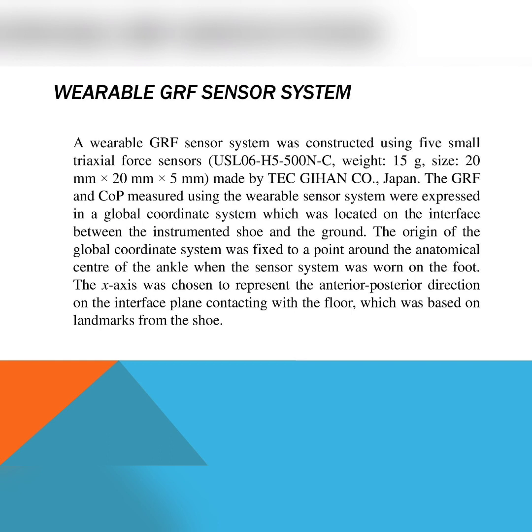The origin of the global coordinate system was fixed to a point around the anatomical center of the ankle when the sensor system was worn on the foot. The x-axis was shown to represent the anterior-posterior direction on the interface plane contacting with the floor, which was based on landmarks from the shoe.